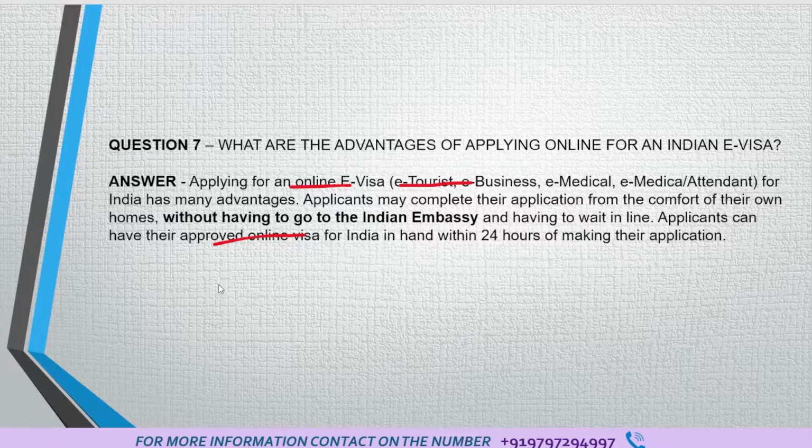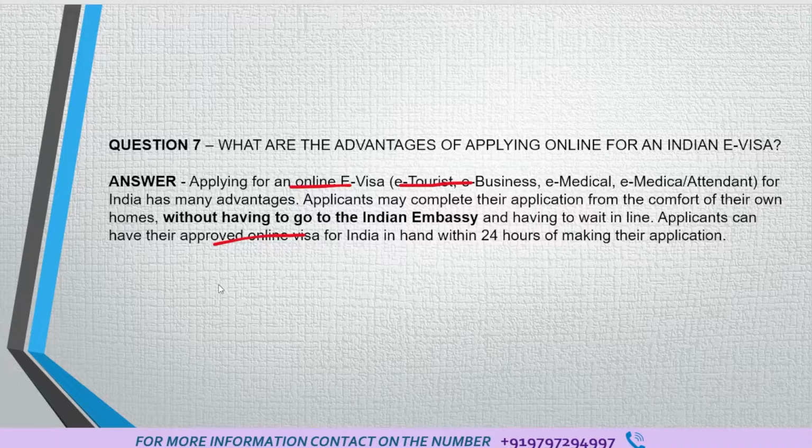Because what happens is, if you are applying through an embassy and have to do all the paperwork manually, it can happen that you miss out on a document. Then you have to rush back and forth for the document and get it done again and again.